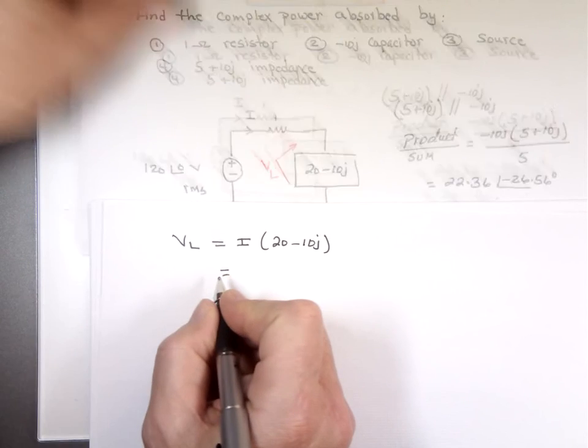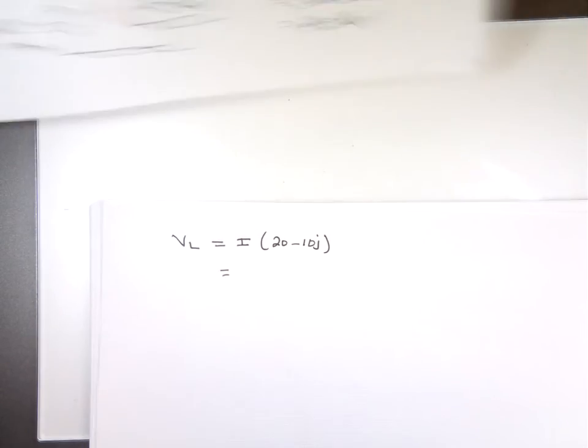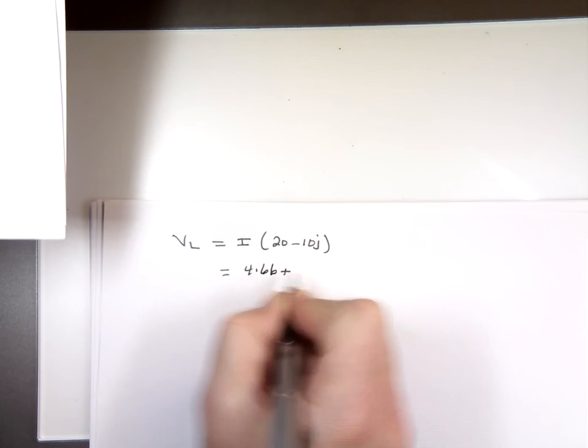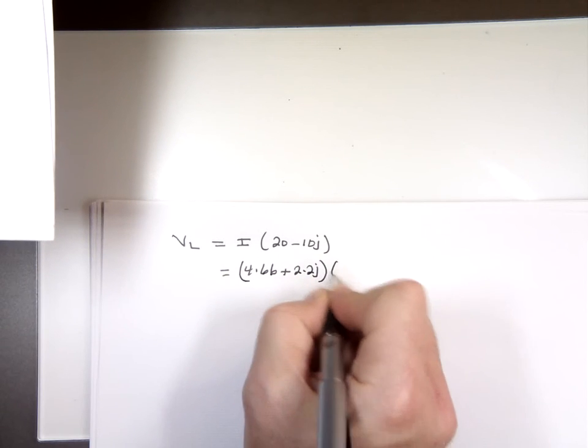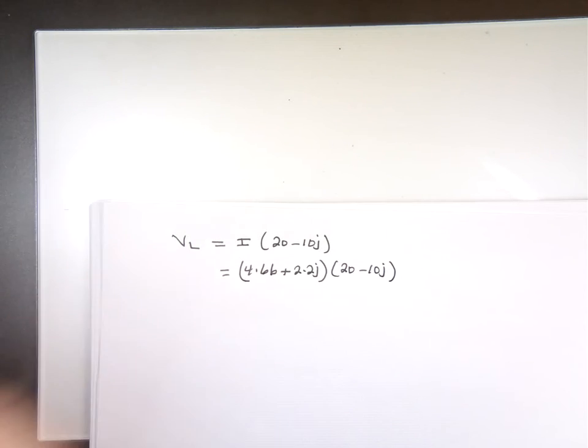It was 4.66 plus 2.2J times 20 minus 10J. You can put your calculator in rectangular mode, actually, if you want, and multiply them out. And if you do that, you end up with what?